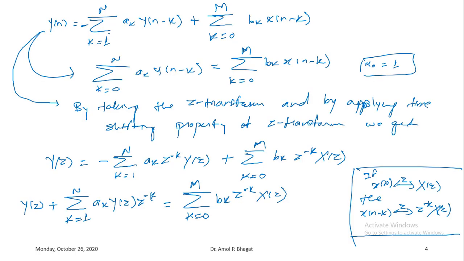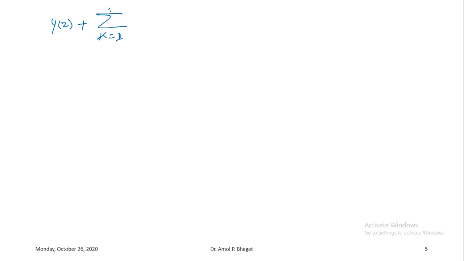Okay, so I'll rewrite that equation here. So what we have, Y of z plus summation k equals 1 to n ak z to the power minus k Y of z is equal to summation k equals 0 to n bk z to the power minus k X of z is the equation, right?